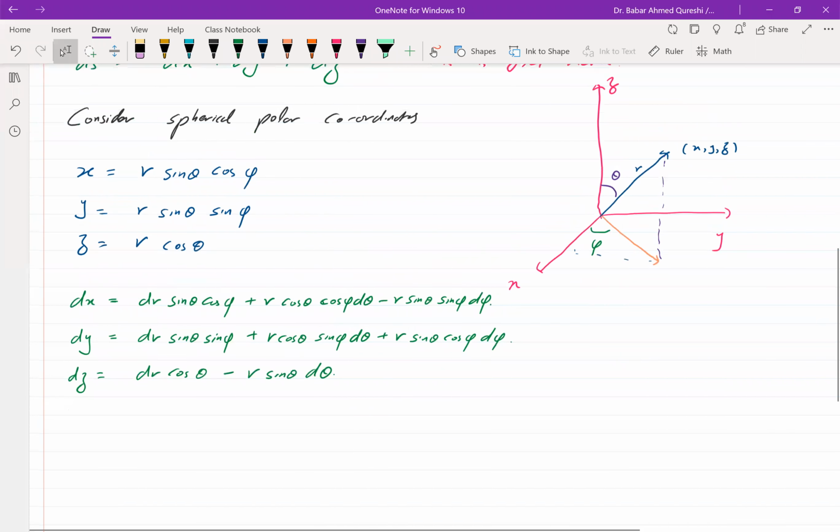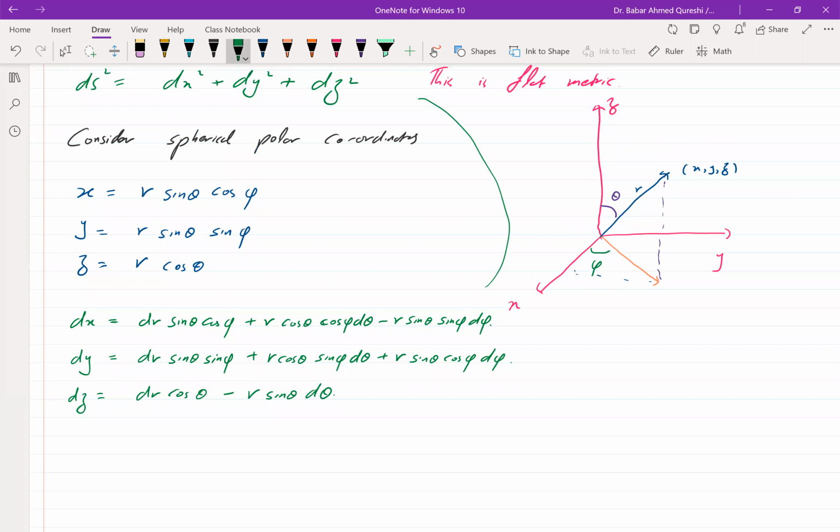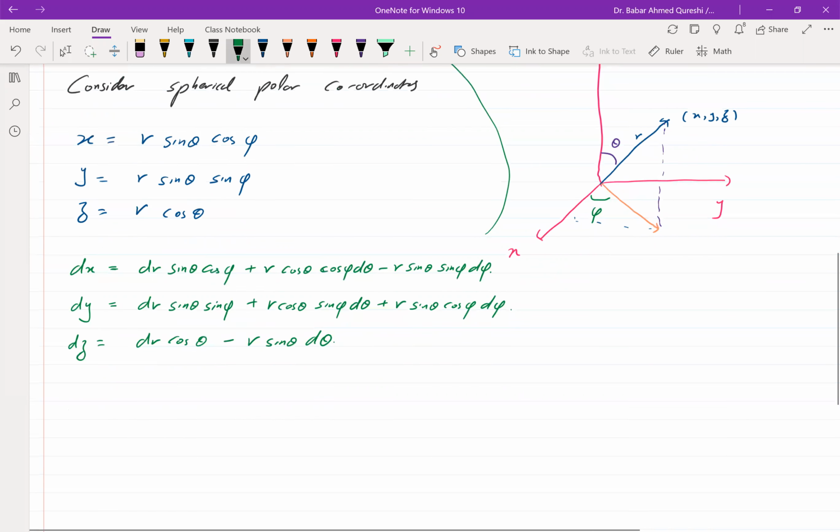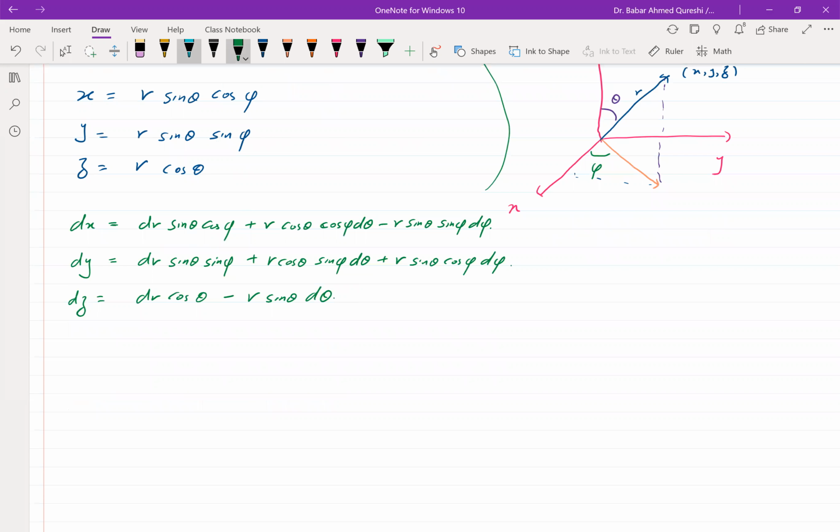Now all you have to do is plug it back in here after squaring them. So you're constructing dx square plus dy square plus dz square. When you do the dx square, you will have a dr square term with sine square theta cosine square phi.